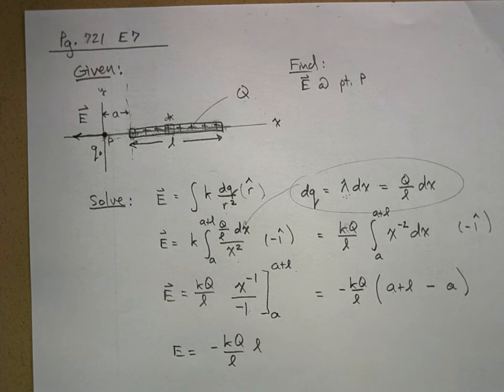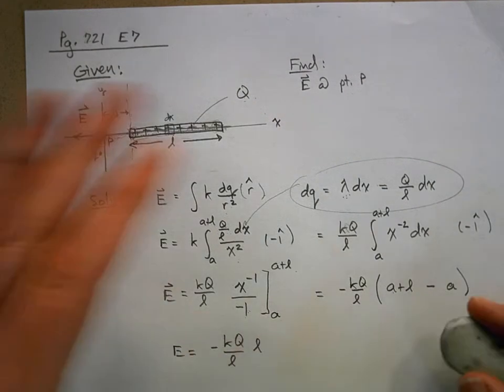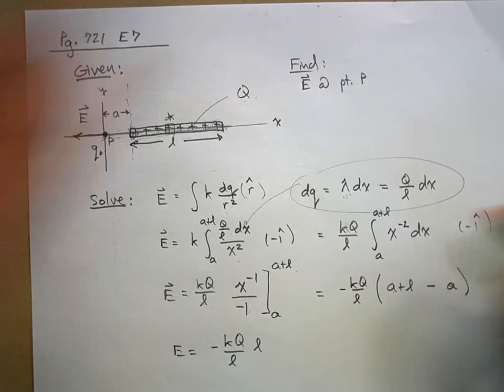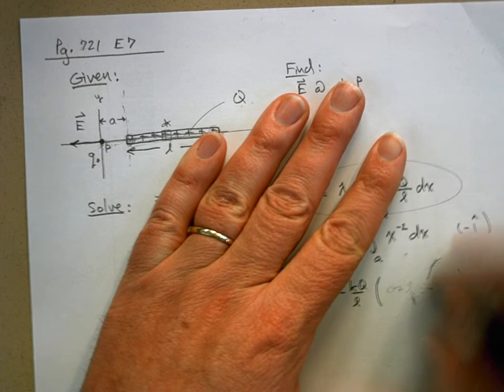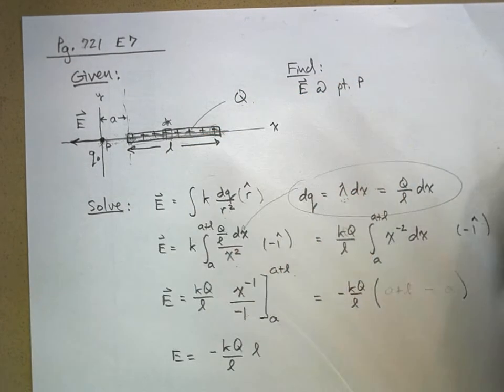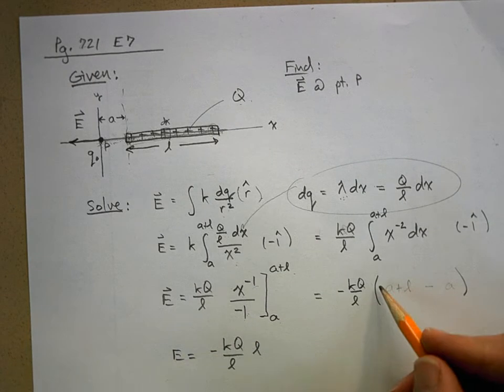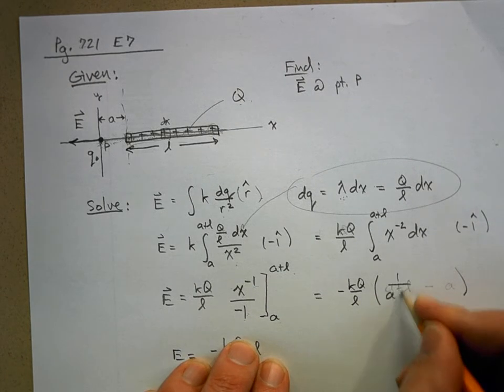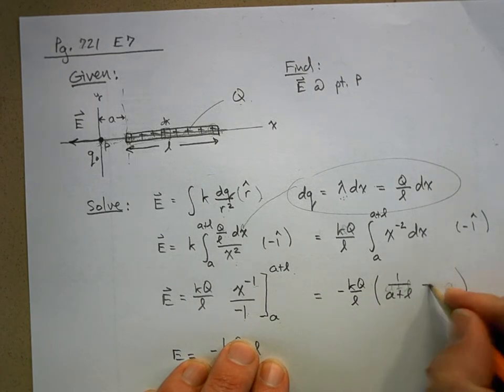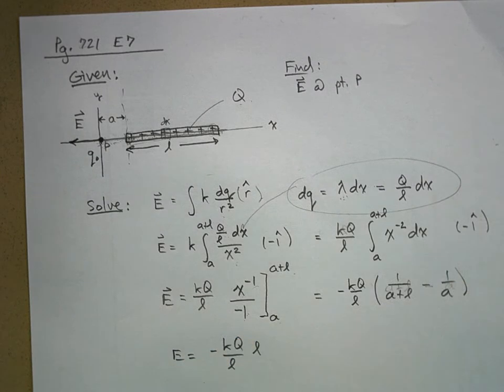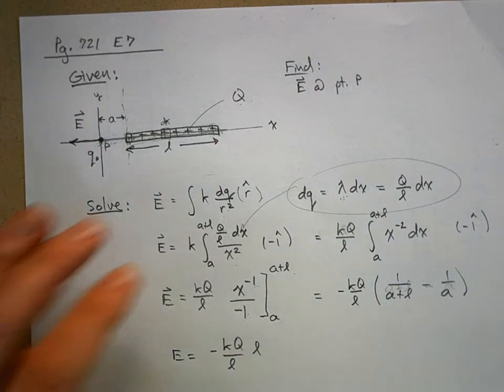Thank you. I was just testing you. That's why this negative sign wasn't working out. This is 1 over x. So this is 1 over A plus L minus 1 over A. Thank you. Because I could tell this was going badly.